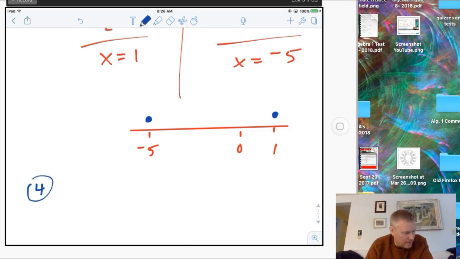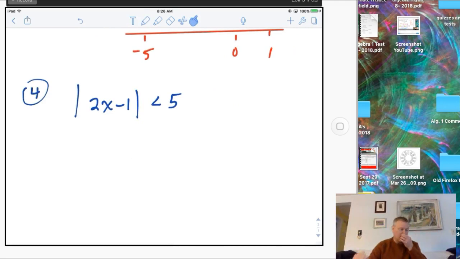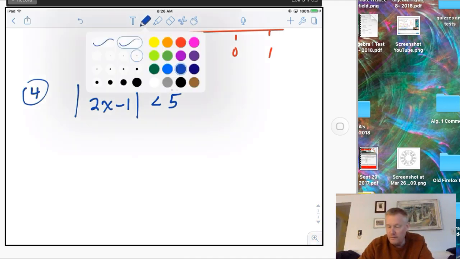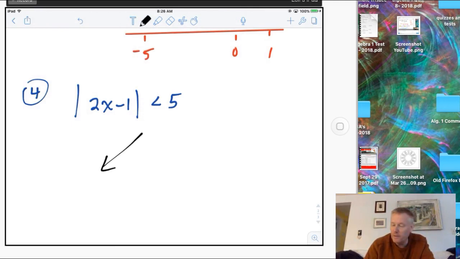This one can be absolute value, okay? And an inequality. Absolute value of 2x minus 1 is less than 5. Okay, so this one, when I have an absolute value and an inequality, I've already got the absolute value and what's inside of it alone.